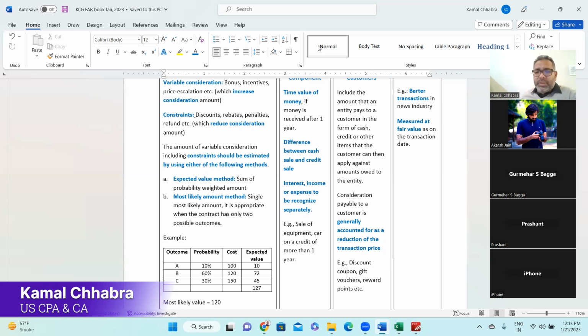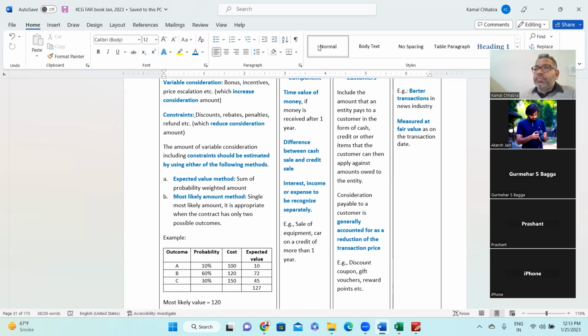The expected value method is the probability-weighted amount. If there are more than two probabilities, generally we use the expected value method. But when there are only two possible outcomes, or one particular outcome is more likely, then we use the most likely amount method.